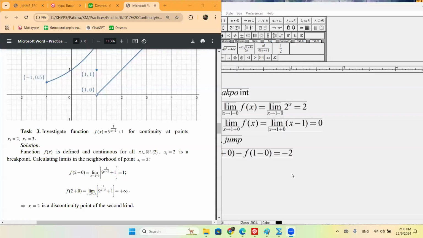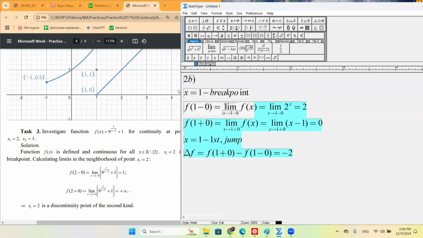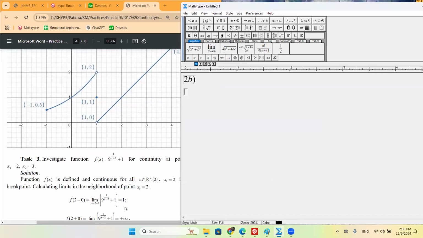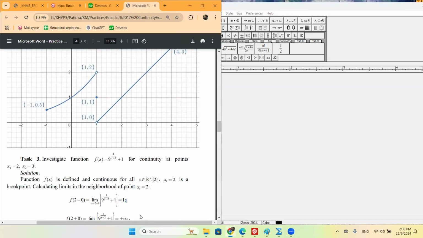Okay, let's continue. So next we need to investigate function continuity at points x equals 2, x equals 3.